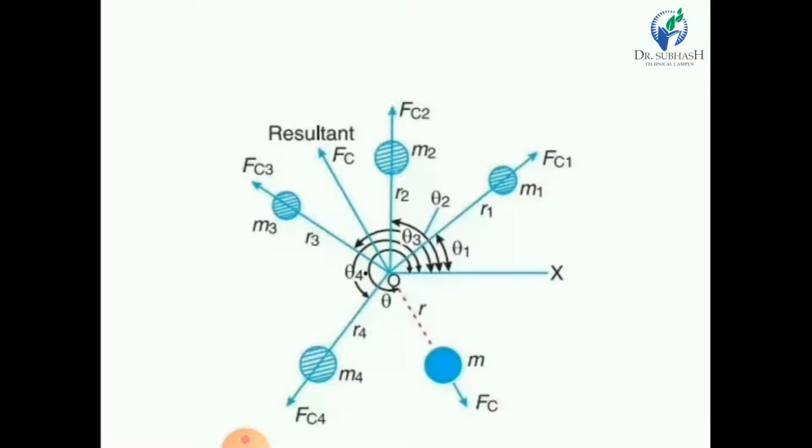Because of these four masses, our system is unbalanced. First of all, we calculate the resultant centrifugal force. Then we apply a balancing force in the opposite direction to the resultant force, and eliminate this unbalanced resultant force.